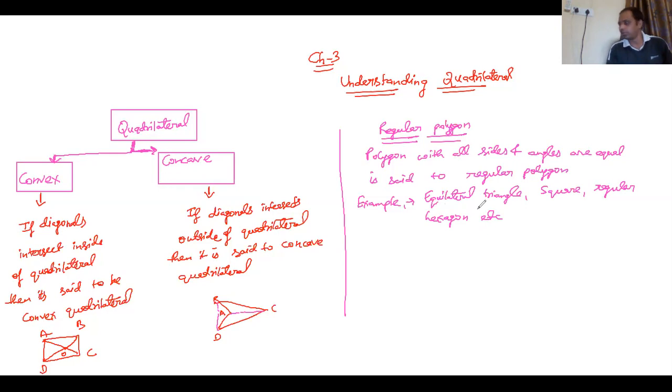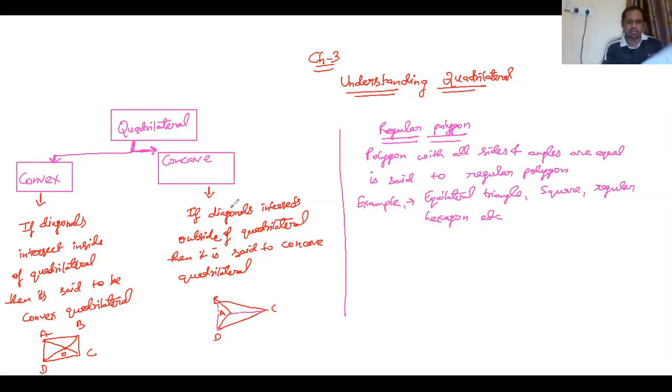So these are examples of regular polygons. And if all the angles and all the sides are not equal, then obviously it is said to be an irregular polygon. I am not going to define that one. I think it is understood.